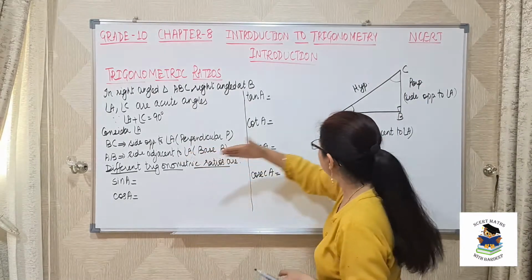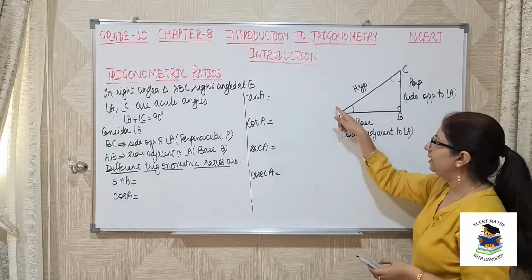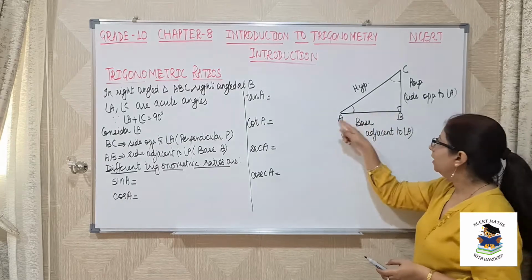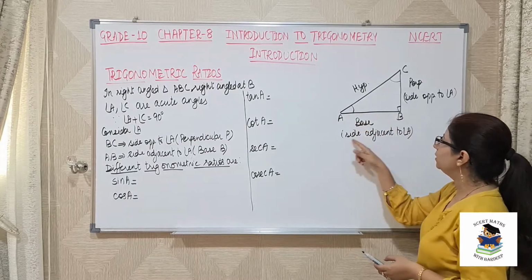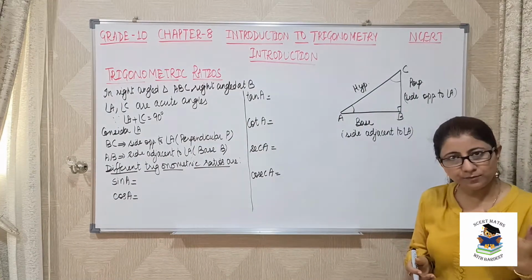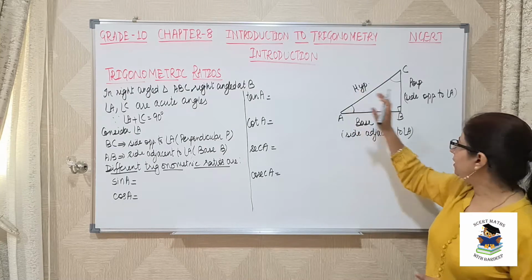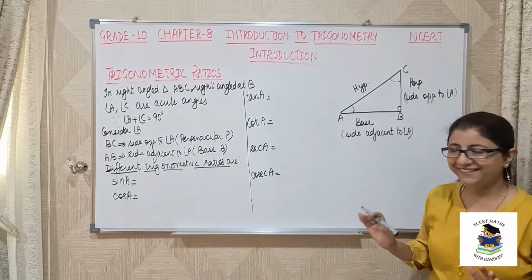The second side is AB, and since we are considering angle A, this is adjacent to angle A, so this is the adjacent side, and the adjacent side is also referred to as the base of a triangle. So hypotenuse is always fixed, whatever angle is your right angle.